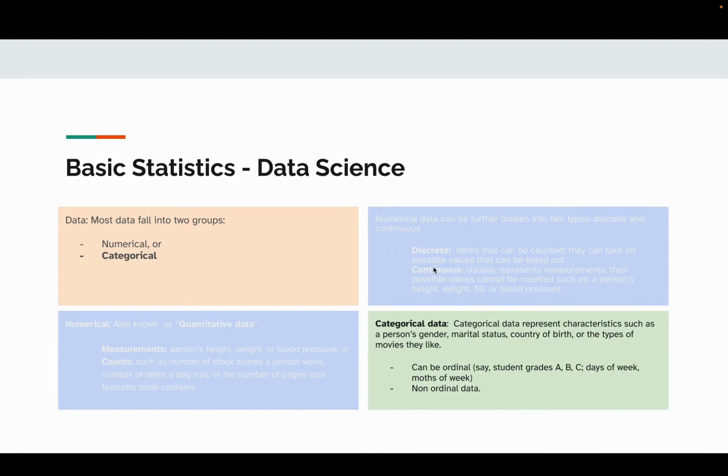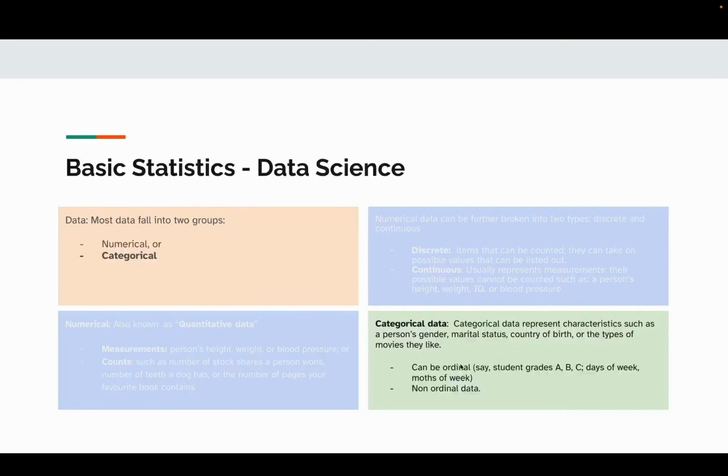The other type is called qualitative data or categorical data. Categorical data examples are the names of the days in a week, the names of the months in a year, which country you were born in, how many letters your language has.